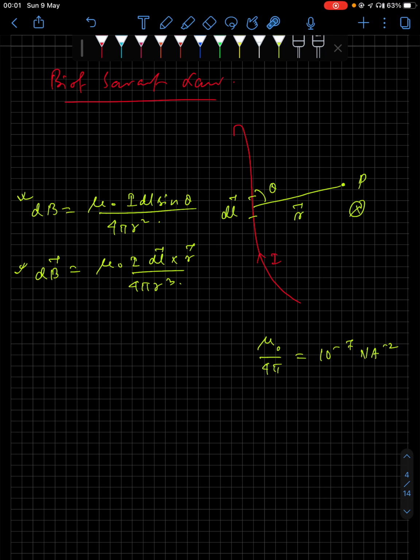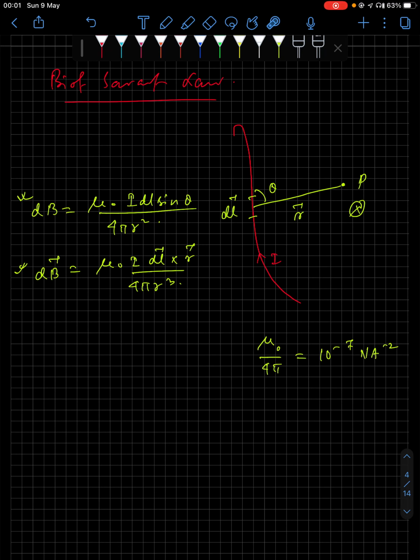If you use those values in this relation above, then you get B equal to mu naught I by 4 pi A, 2 sine pi by 2. Therefore you get mu naught 2I by 4 pi A. This is the relation when the conductor is of infinite length.